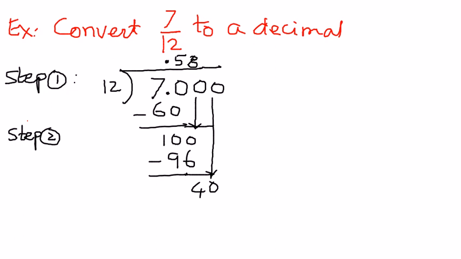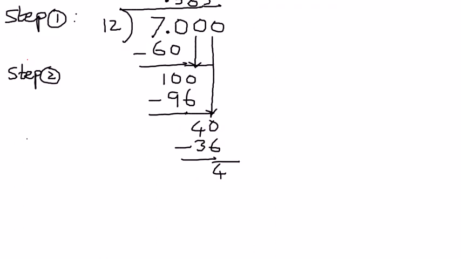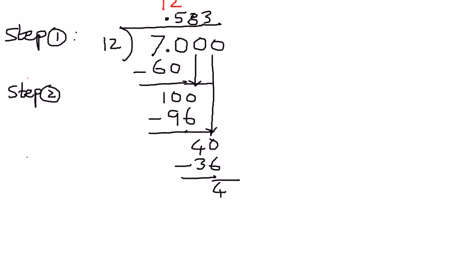Now we repeat the process. We repeat our 12 times table. 12 times what number is equal to or less than 40? 12 times 3 is 36. When we subtract, we're left with 4, and as you can see, if we add another 0 here and borrow it, we can write that 0 there.